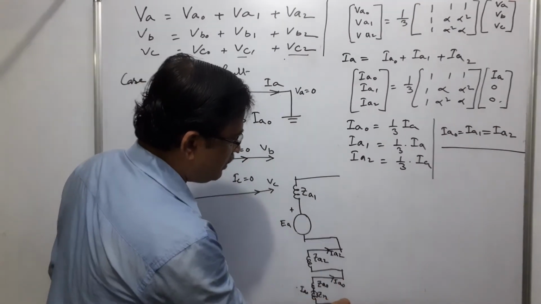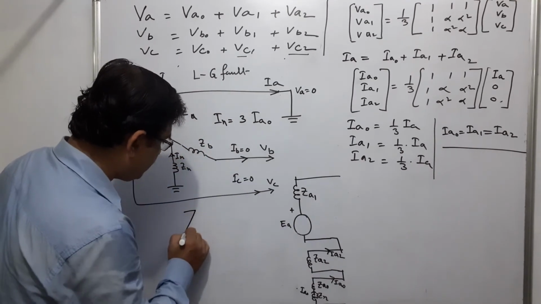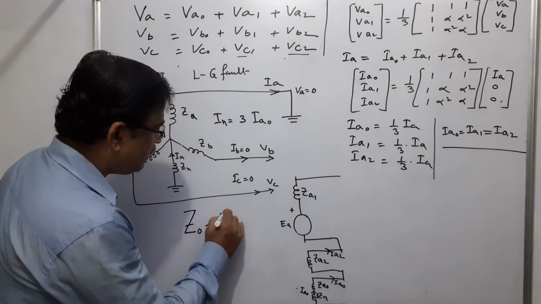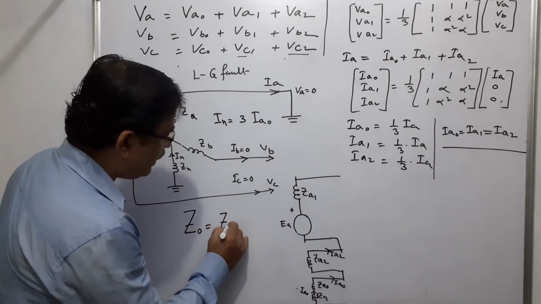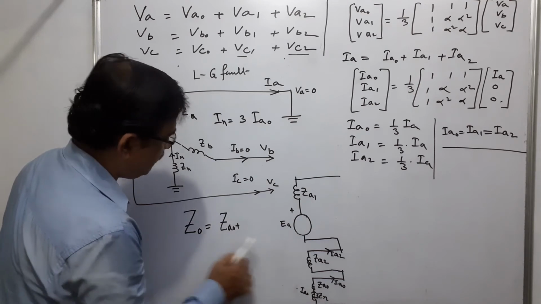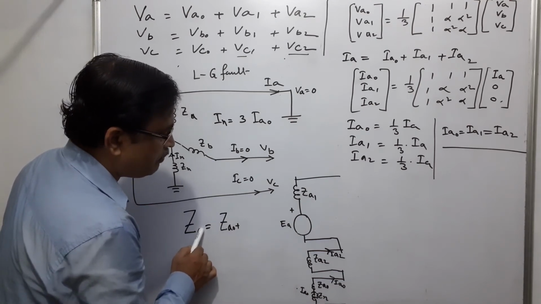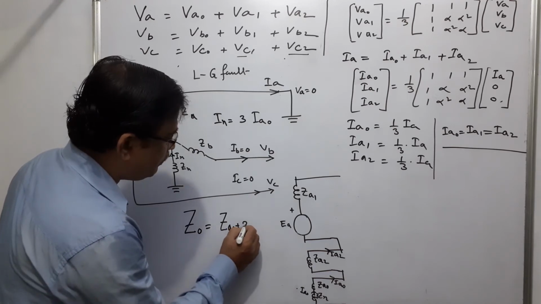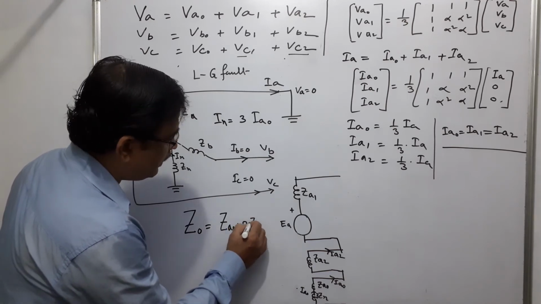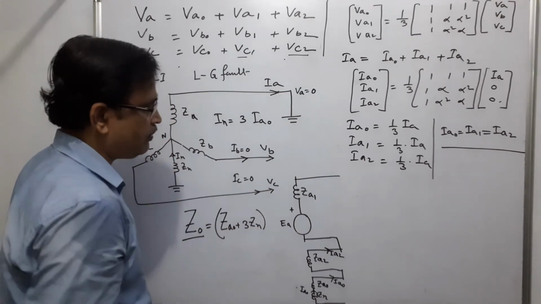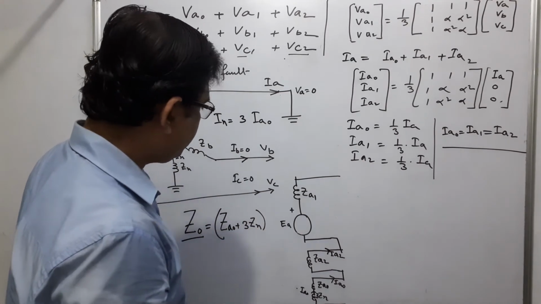So the total zero sequence impedance here, Z0, is equal to ZA0 plus 3Zn. Actually zero sequence impedance.